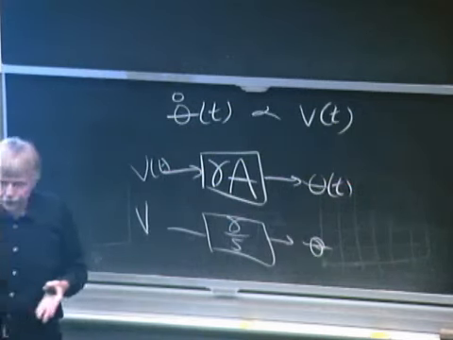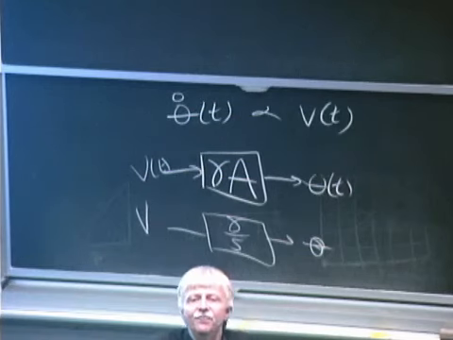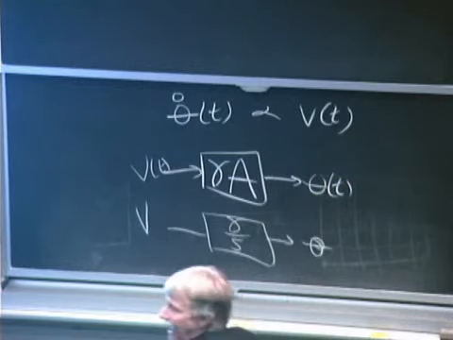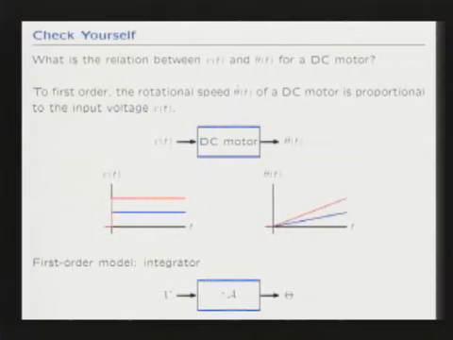But if I put a voltage at the blue line, theta increased at some rate, and if I changed it to red, it increased faster, just like an integrator would do. So I want to think about the motor being an integrator. That lets me cast the motor, which is a physical thing, into 6003 terms again. So now I can think about the problem.